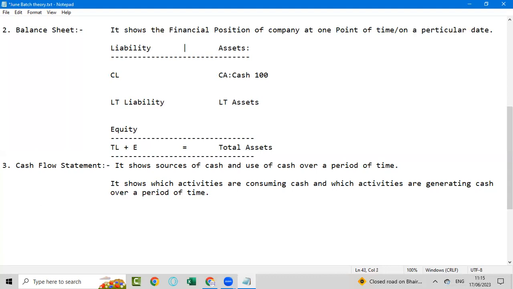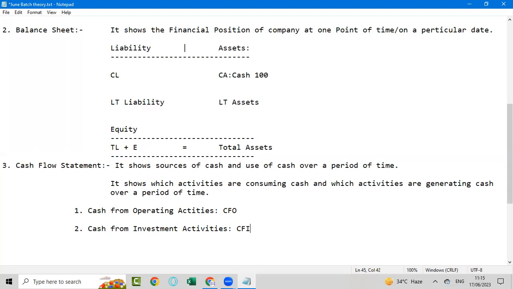So what are the activities? We have cash from operating activity, that is CFO, cash from operation. Then we have cash from investment activities.